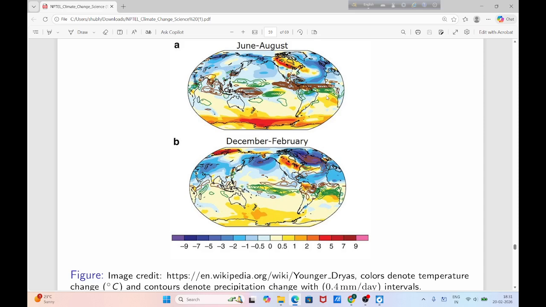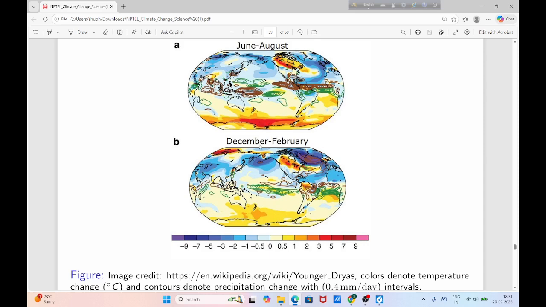And in June, July, August, the southern hemisphere experiences the summer. So you can see, especially in the southeastern part of Australia, close to Antarctica, very rapid warming here, high warming here.